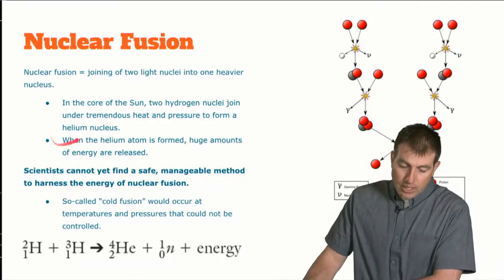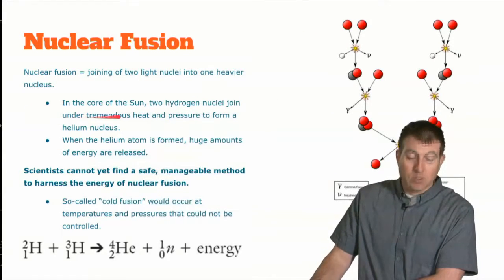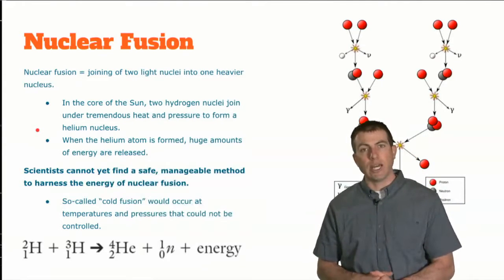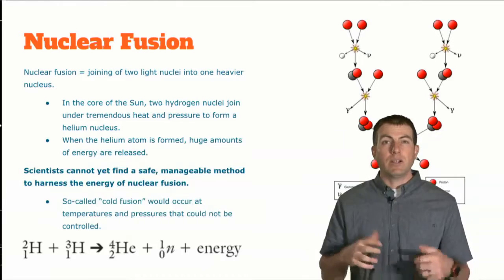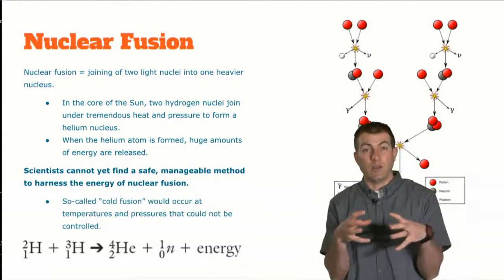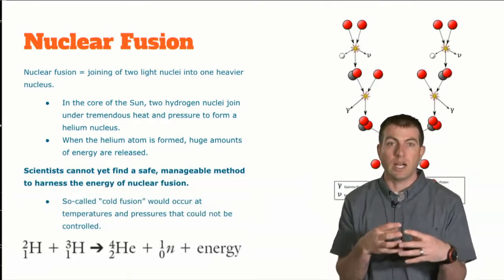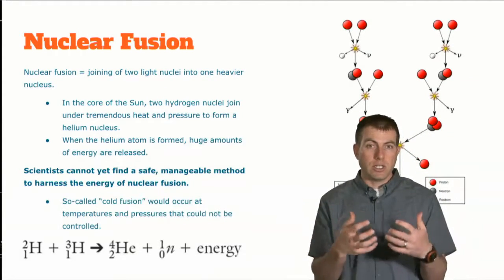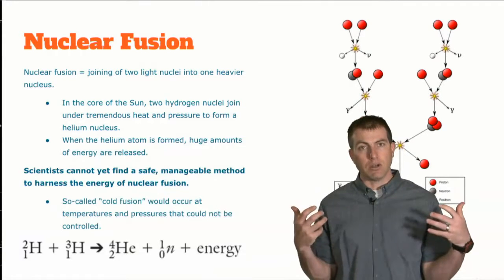So where does fusion happen? It happens in the core of the sun. The sun is one big fusion reaction. And we have started to harness fusion power, but we're not very good at it. Basically, the amount of temperature and pressure that needs to be created to fuse even the smallest elements like hydrogen and helium together takes more energy to get these things to fuse than we're actually getting out of the reactions right now.